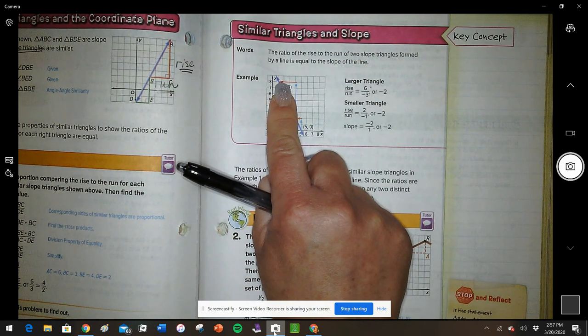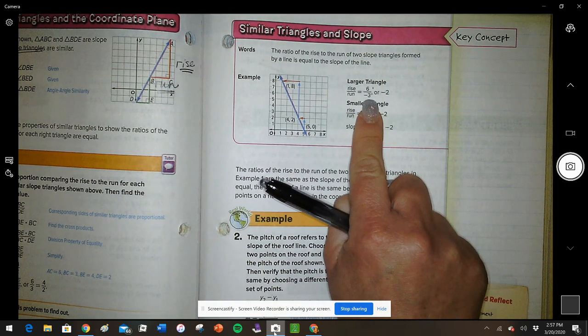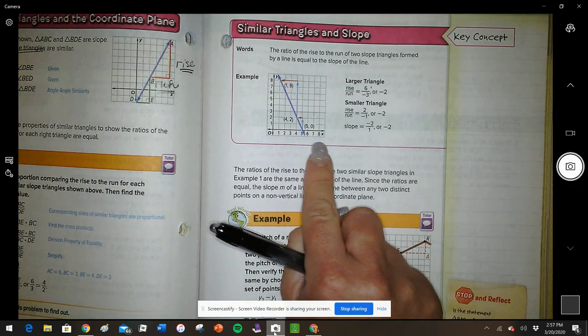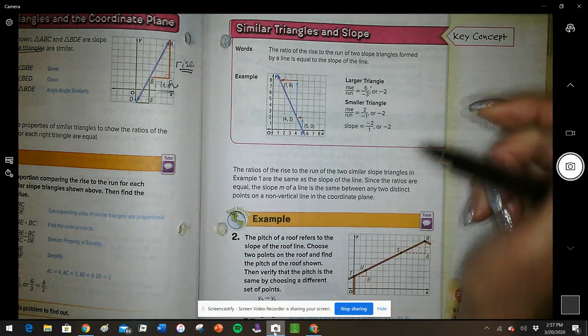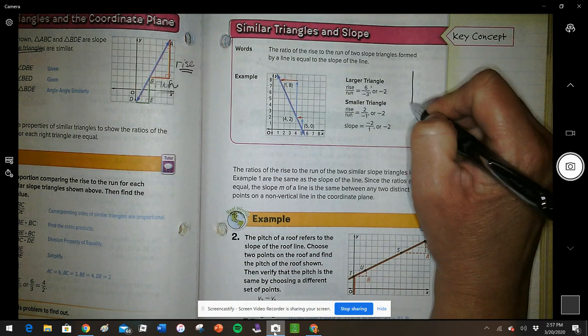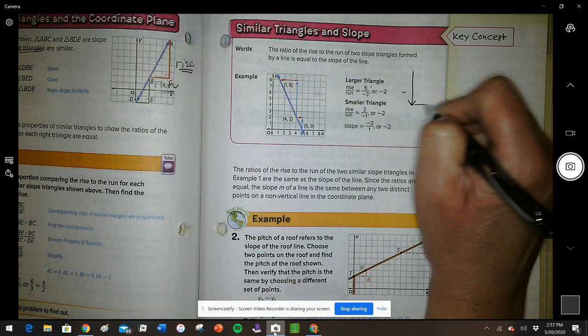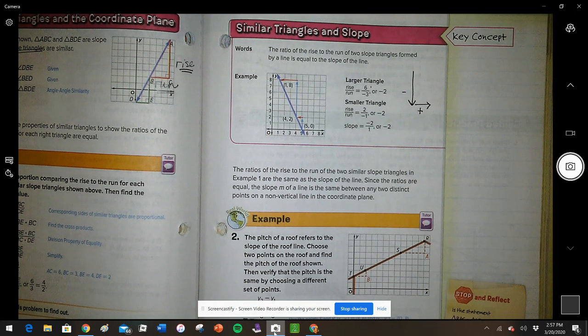But then when it went left, the run number was negative. Okay, this one, it went up again, that's positive, but it went left, and so that's negative. A lot of times we go down, which is a negative number, and then to the right, which is a positive number.